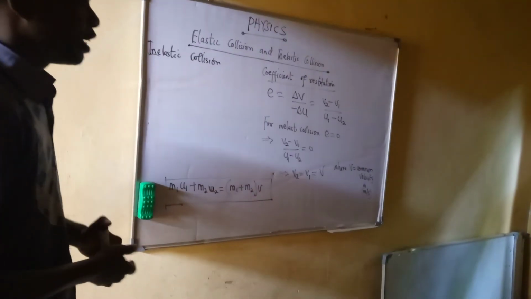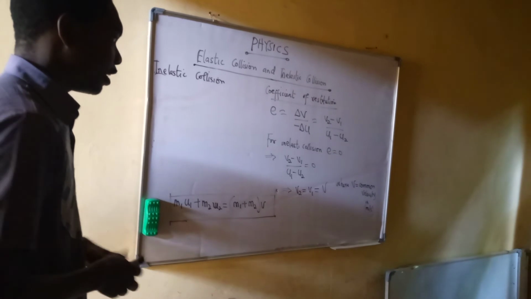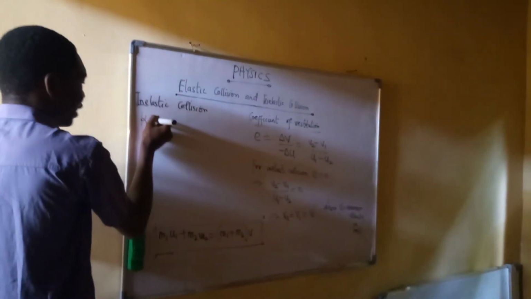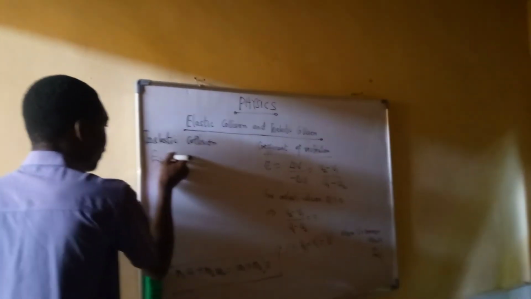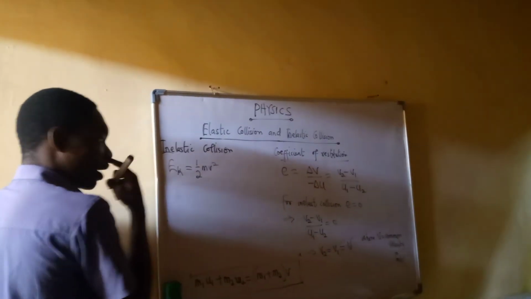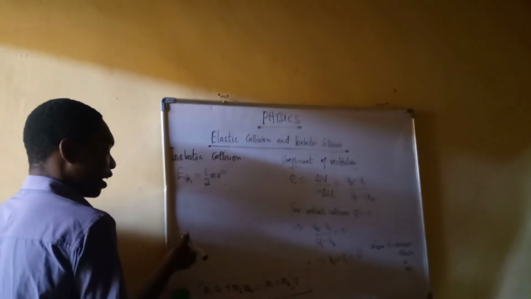What about the energy in inelastic collision? Don't forget that kinetic energy is half mv squared. So we can refer to the kinetic energy before and the kinetic energy after.